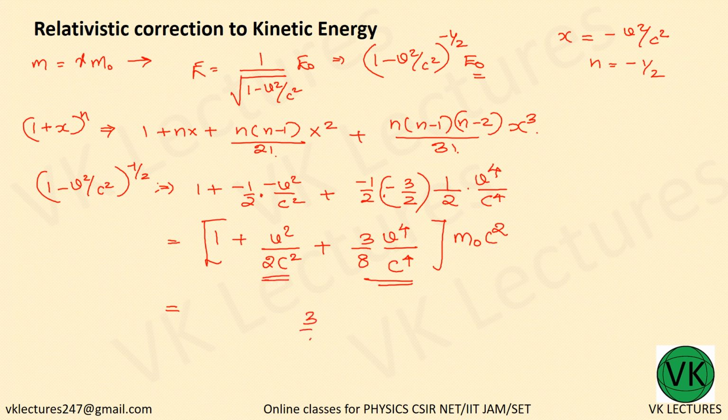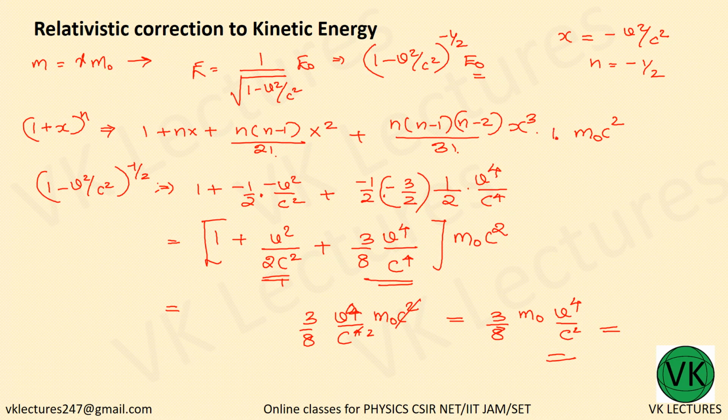Now that is 3 by 8 v to the power 4 divided by c to the power 4 into m naught c square, and the c squares get cancelled. So what is remaining is 3 by 8 m naught v to the power 4 divided by c square. So this was the correction. Now when you put the first term, you will get the rest mass energy m naught c square.